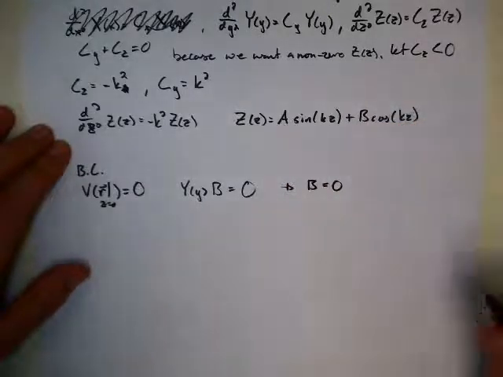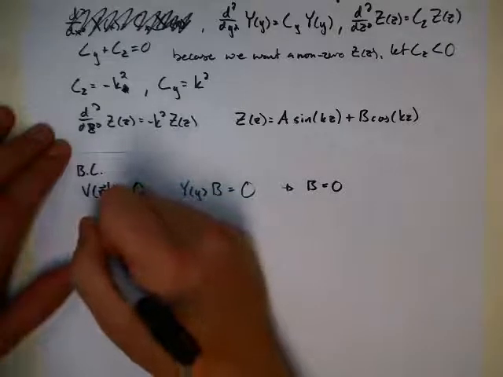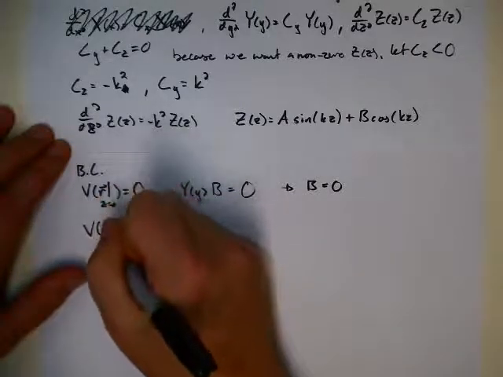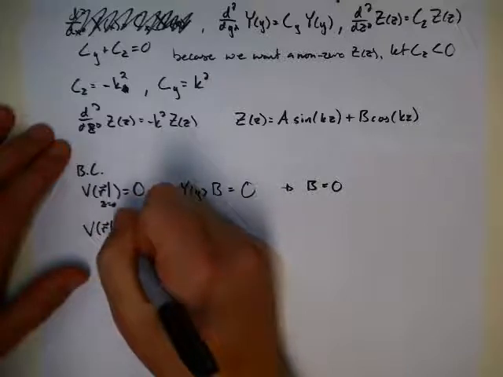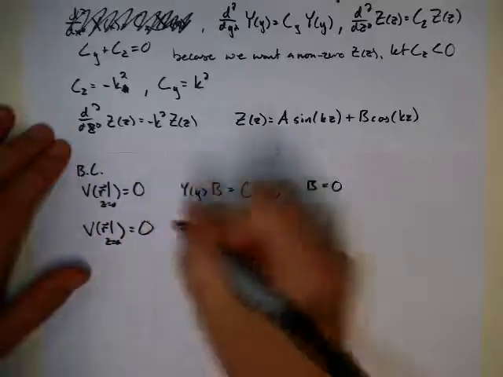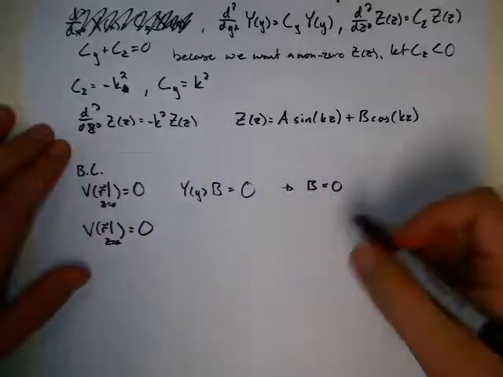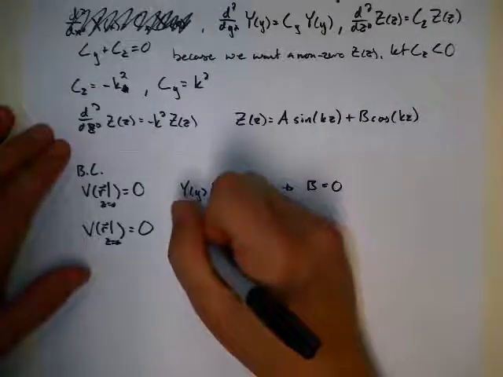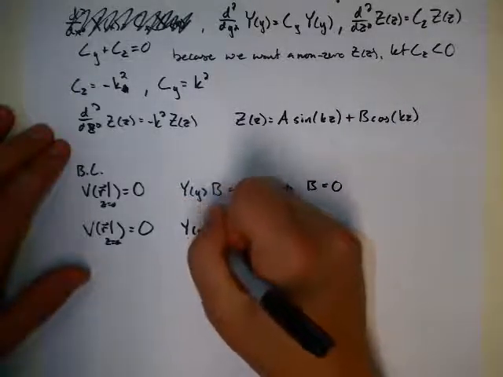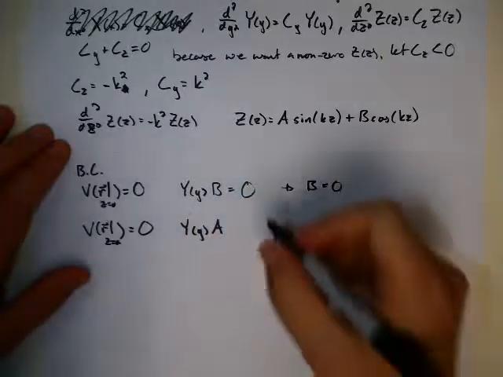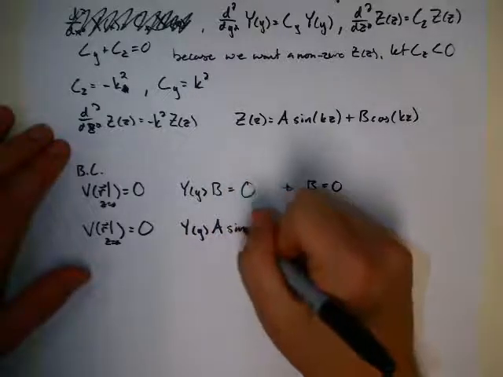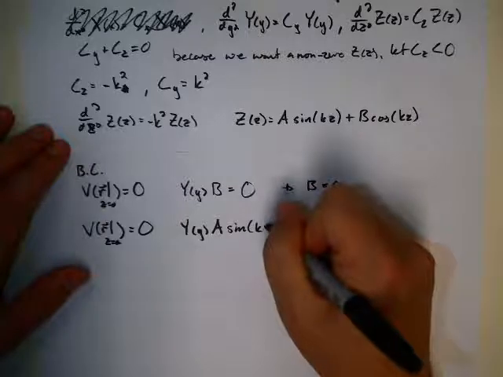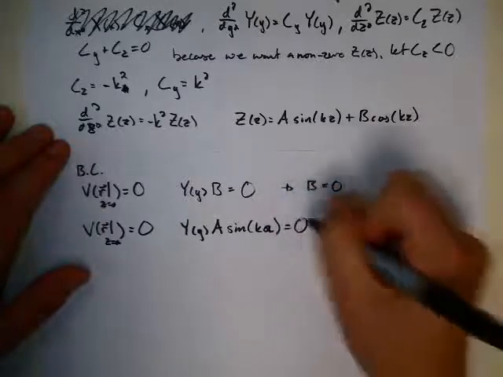This is the conclusion that we're going to have. B must be 0. The boundary condition V of r at z equals a is equal to 0 is going to translate into, now we know that B is 0, so now we still have A left over. So this is going to be Y times capital A times sine of ka must equal 0.